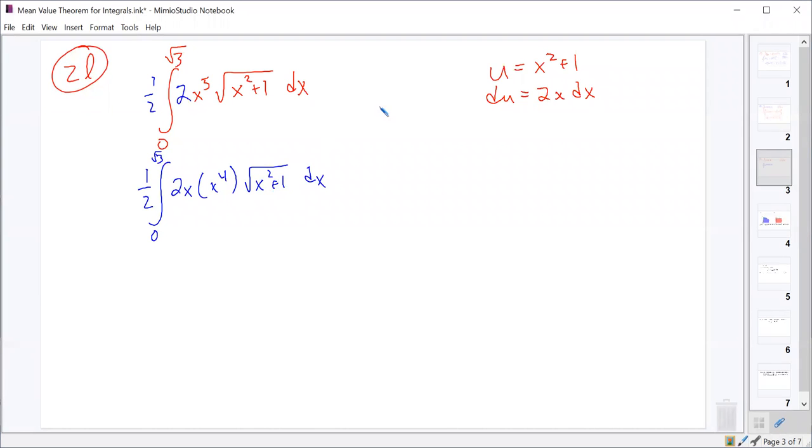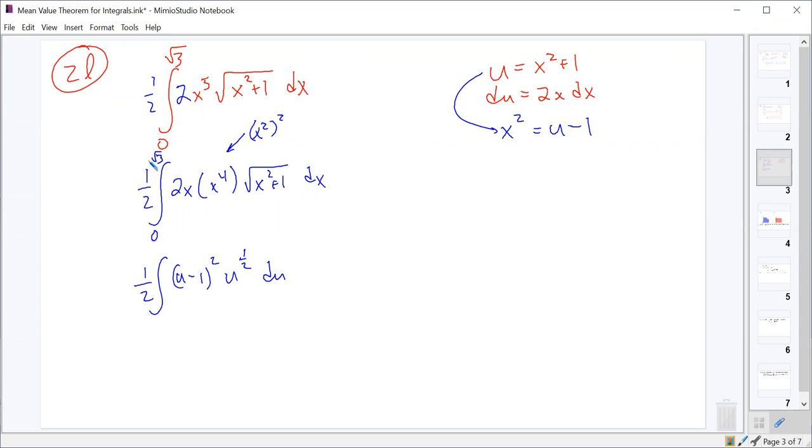So the x squared plus 1 will become a u, the 2x dx will become a du, and the x to the 4th, which is x squared squared, will have to become u minus 1 squared by using our original u substitution. So we've got 1/2 of the integral of u minus 1 squared times root u, or u to the 1/2 du.